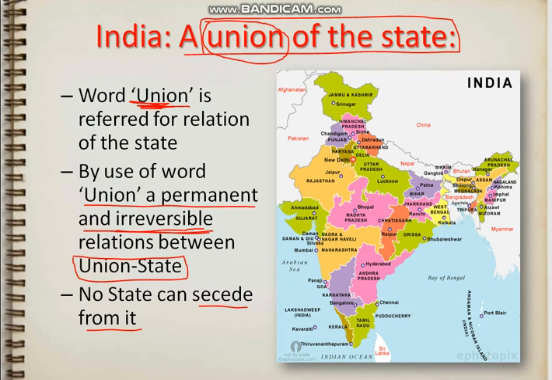These government bodies are in ascending order: there is local, above the local there are states, and above the states there is the central government. Central government is considered the most powerful, and in the same way the Union of India, meaning the country, is more powerful than any of the states.